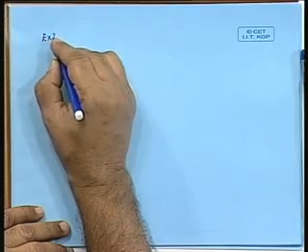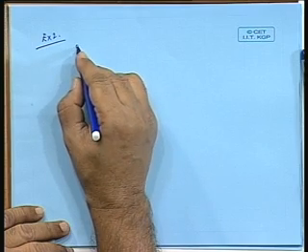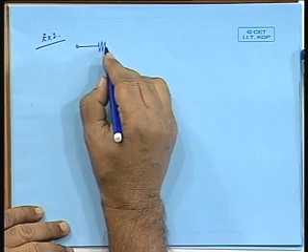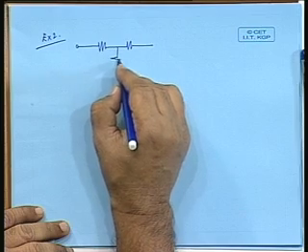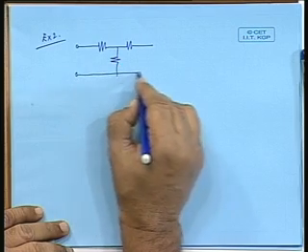Next, we are given a problem on transmission parameters of 2 cascaded sets. The problem is a very simple one.